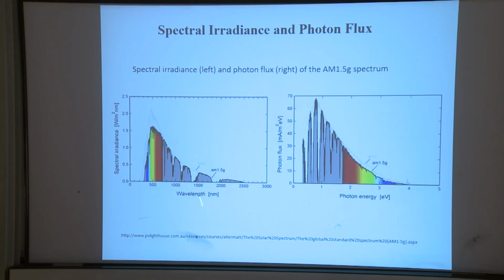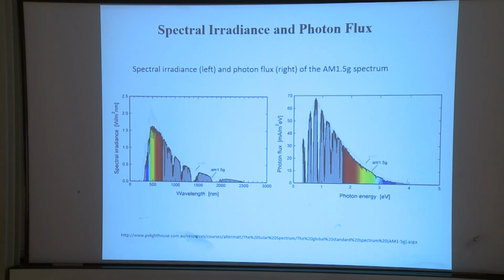And you see a lot of photons in the IR, infrared region, that we cannot use. It's a waste. There's still energy. And you see, most of the energy of the solar cell is here. Even though the peak is somewhere near the green one, there's still energy here.